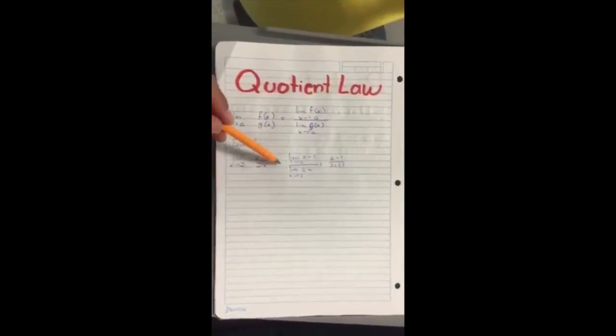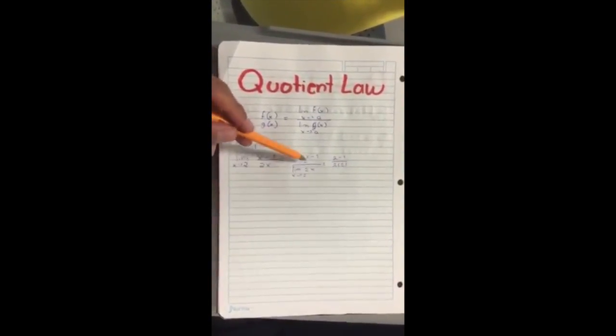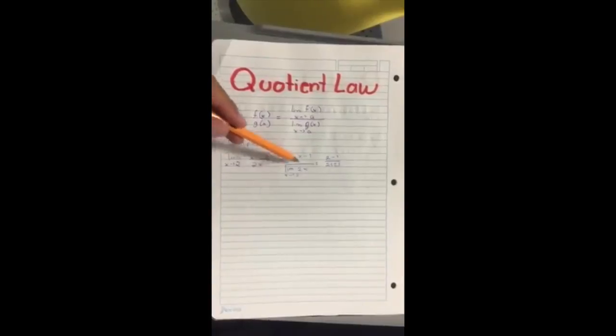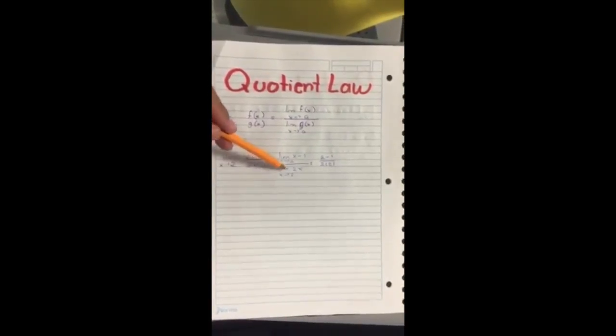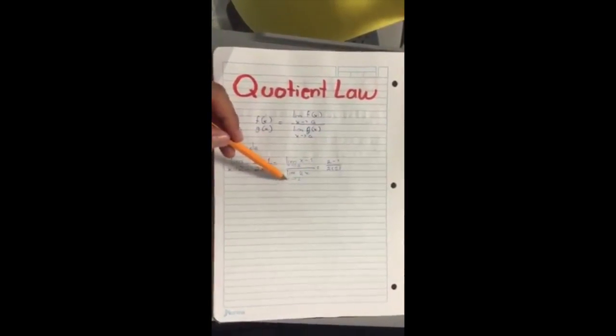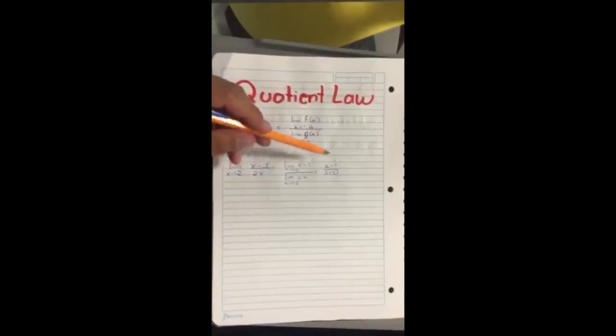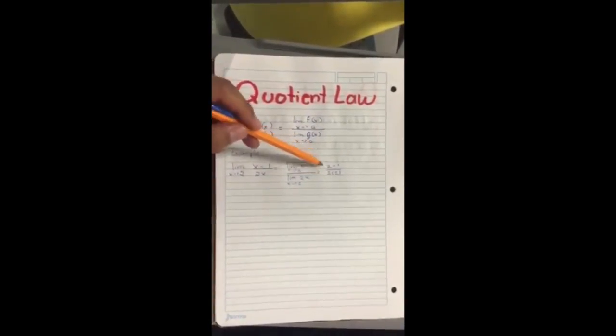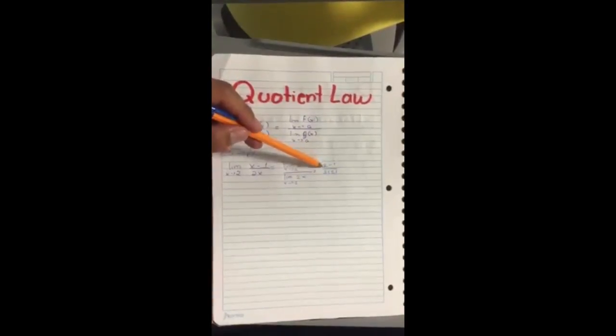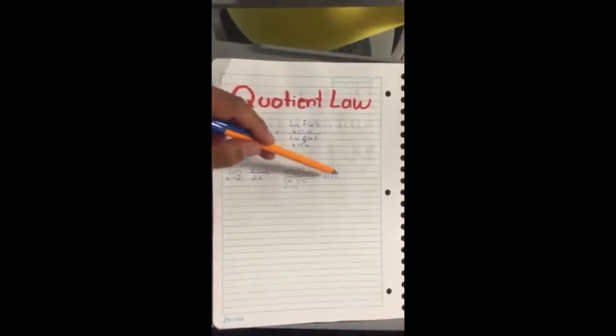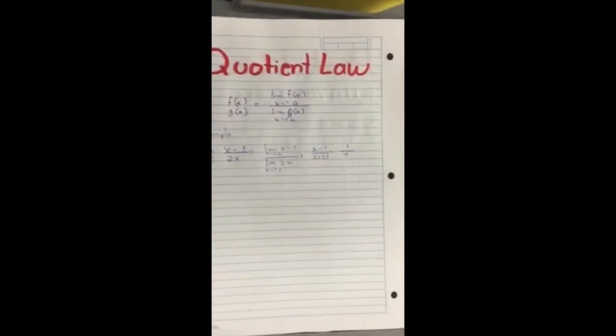According to the quotient law, it will be equal to the limit of x minus 1 when x approaches 2 over the limit of 2x when x is approaching 2. So it will be equal to 2 minus 1 over 2 times 2, and this will be equal to 1/4.